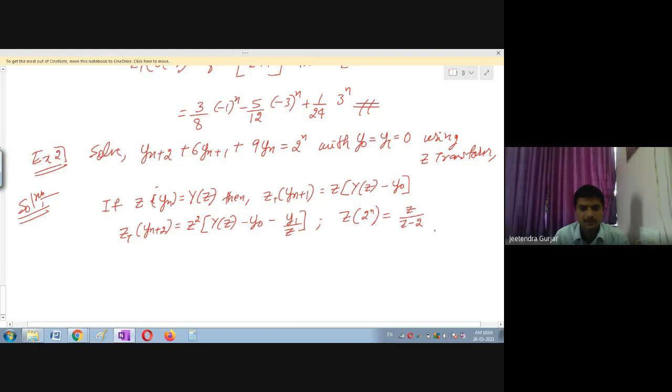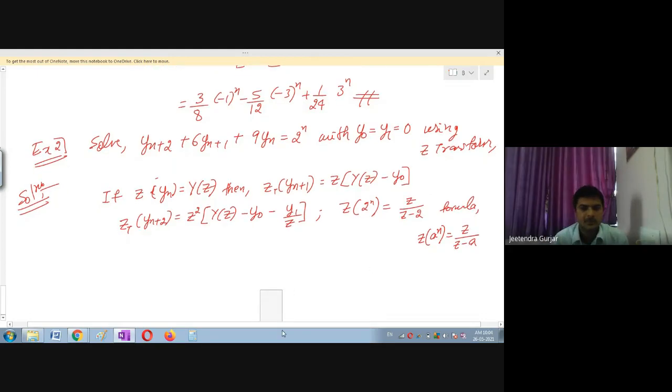Z divided by z minus 2, because here please remember the general formula, that is z of a raised to n is z divided by z minus a. Don't change this. Use this formula, students. I did not hear you properly, no worry, but use this now.